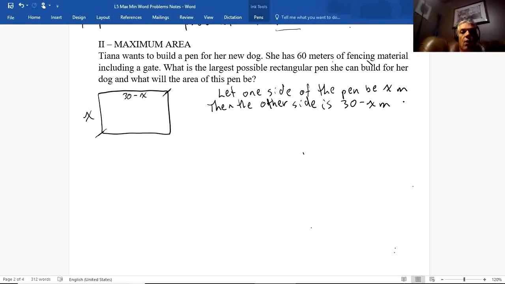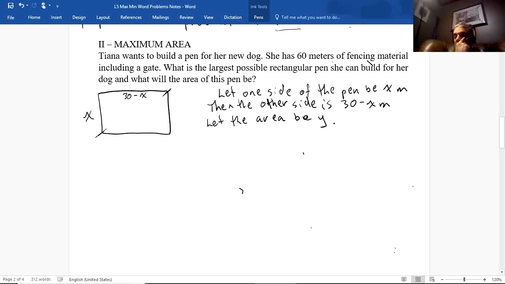Now, you know that the area is always going to be the length times the width, okay? So if this is the width and that's the length, we have to multiply them to find the area. And in this case, we're going to call the area y. It's just something we do, okay? So let the area be y, okay?